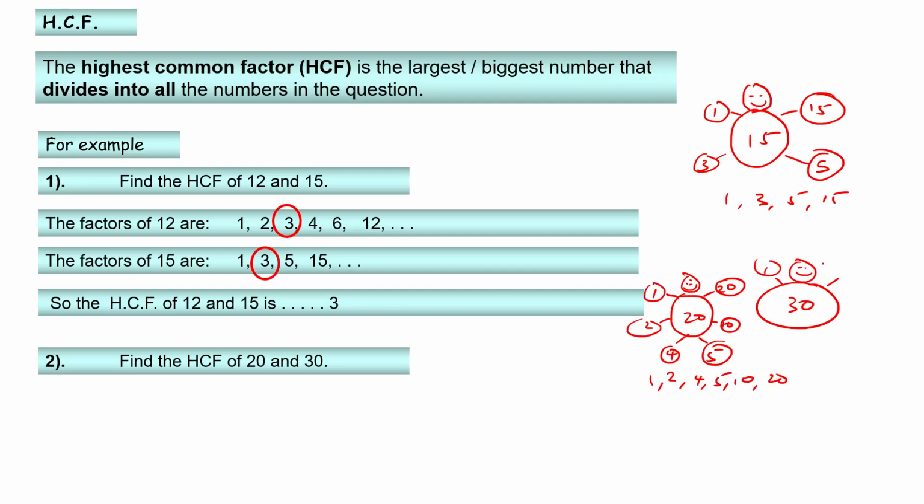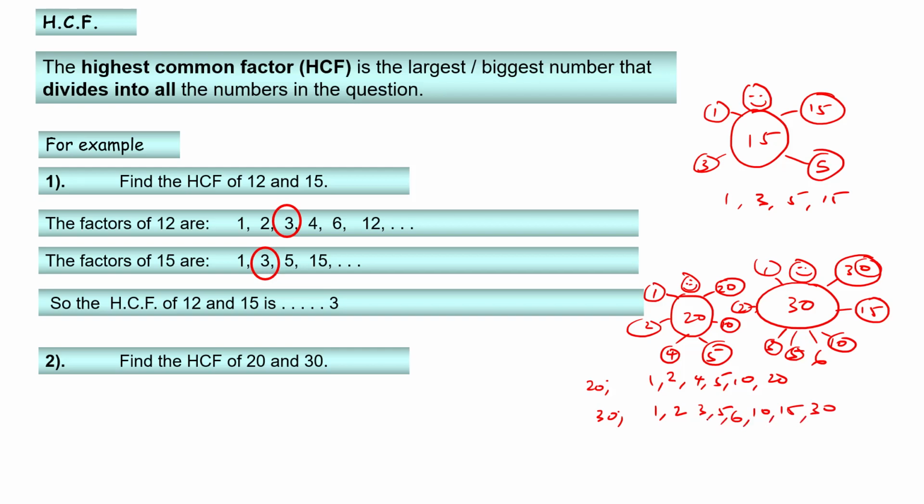And then we check our 30, 1 and 30. Even number again, so 2 goes 15 times. 3 goes 10 times. 4 doesn't go, but 5 does, 6 times. So if I list them down here, 20 and 30. 1, 2, 3, 5, 6, 10, 15 and 30.